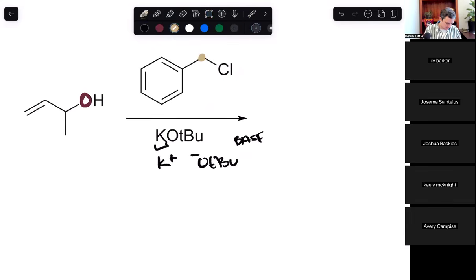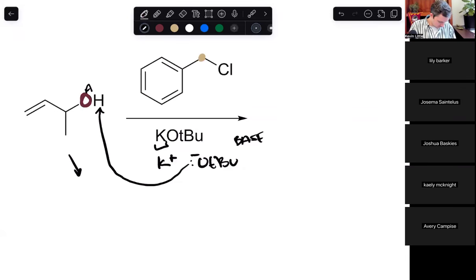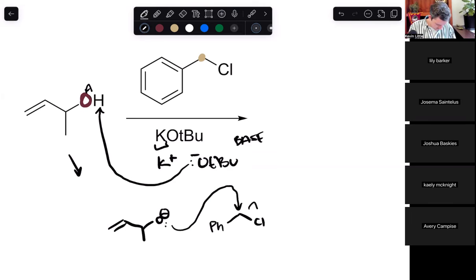All right, that's a base. Step 1 is base deprotonates nucleophile. Take the proton from the nucleophile. Step 2 is nucleophile attacks electrophile.